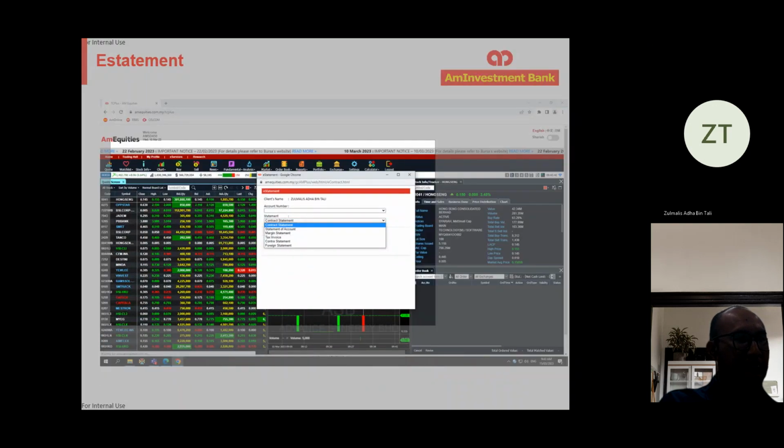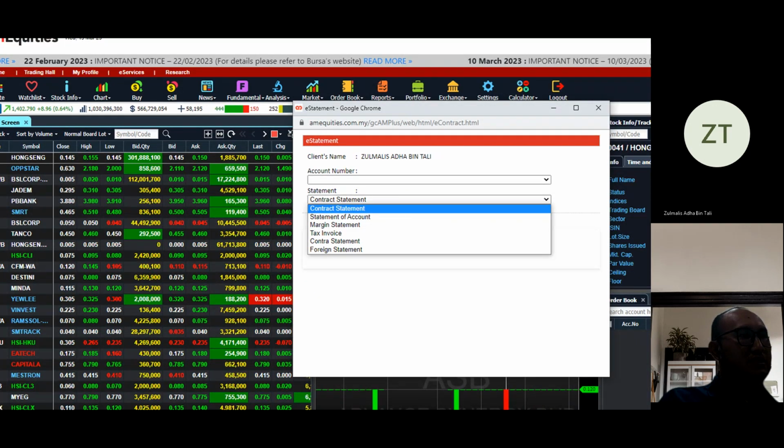Under e-services, you can see e-statement. There are a few options you can choose. Make sure you click the right account number, in case you have a trading account or margin account. Contract statement is normally generated whenever a purchase or sale transaction is done, so you can check the next day.